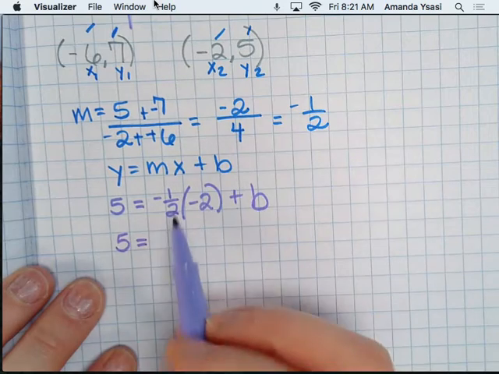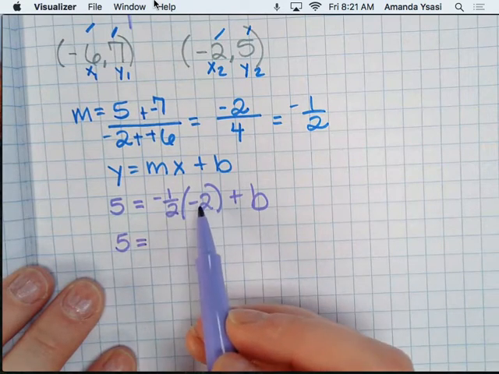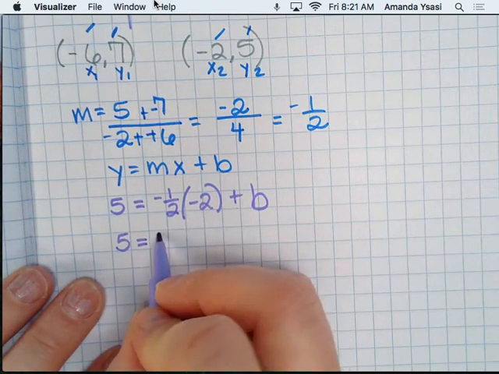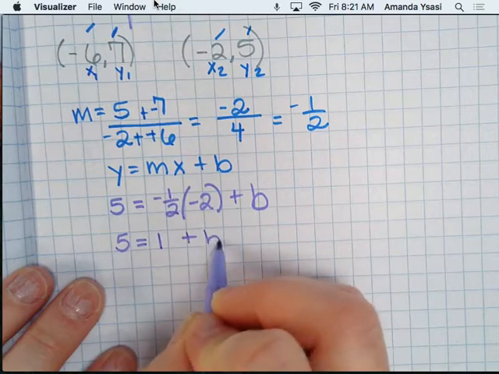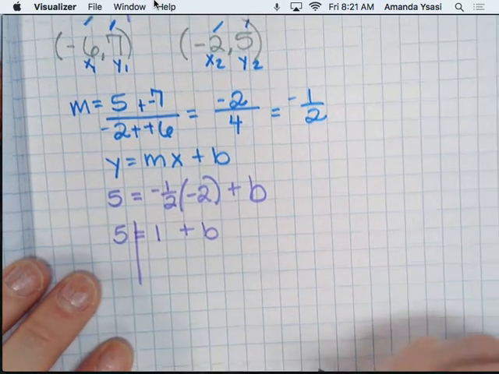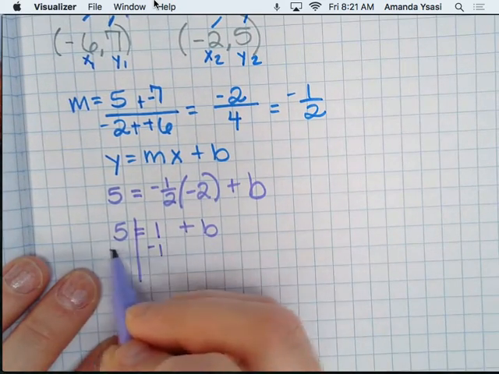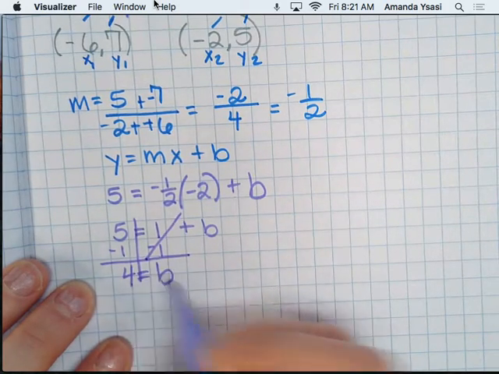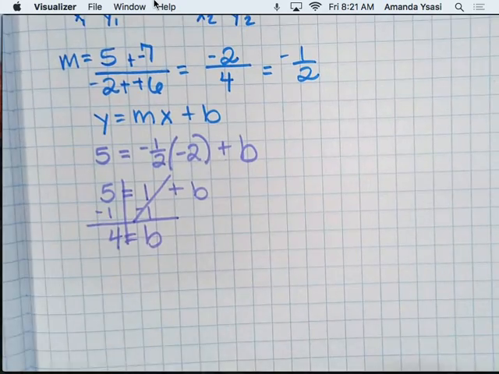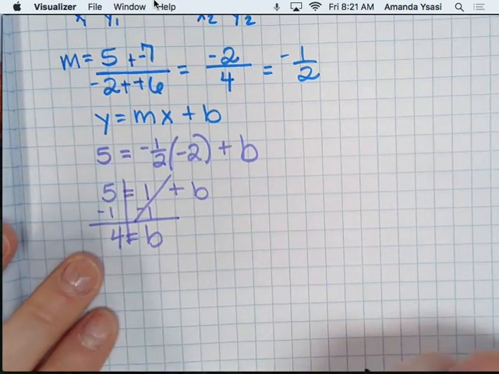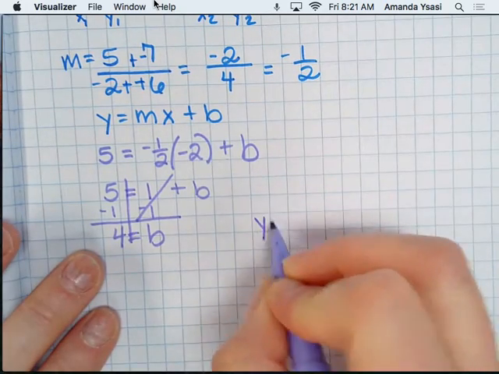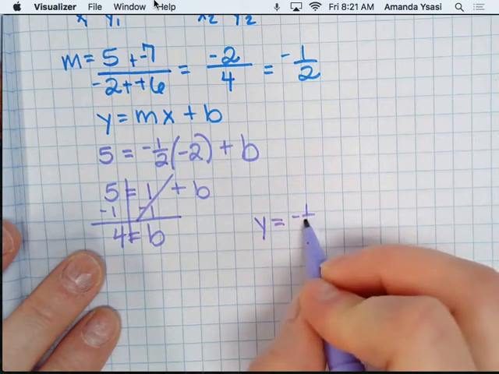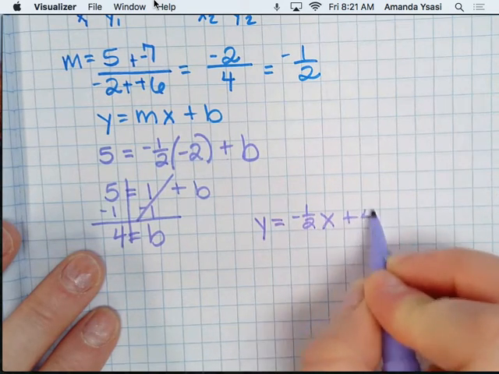Five equals 1 plus b. Subtract 1 on both sides. 4 equals b. So we can write our equation y equals negative 1/2 x plus 4.